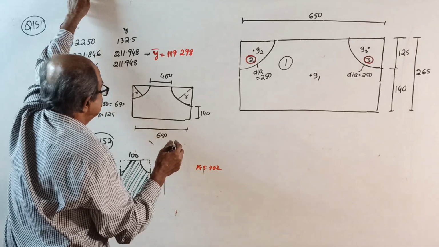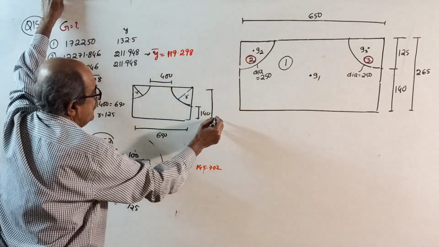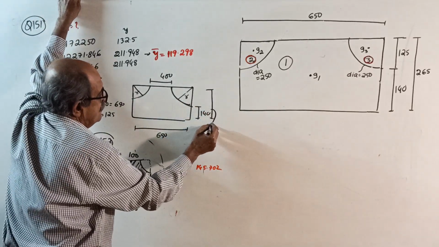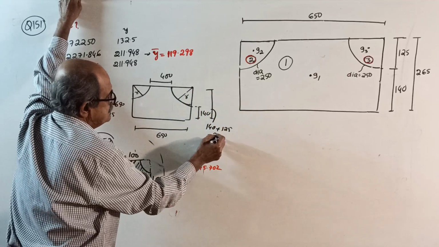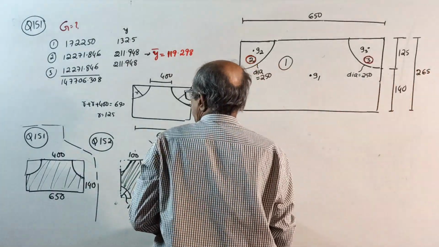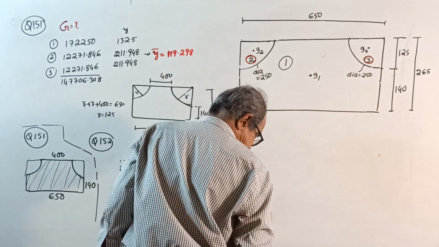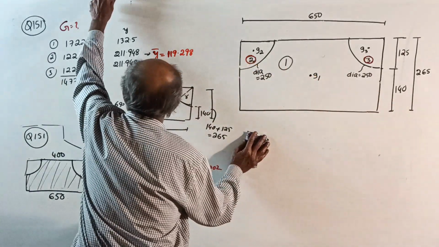Then further, this height is required. This height equals 140 plus the radius of 125. That's how I got 265. Once again remember, such things are high school level mathematics, not the technical part.